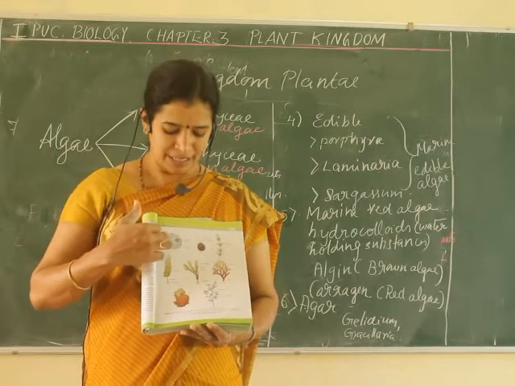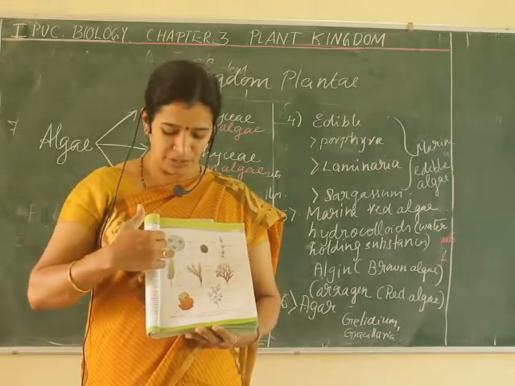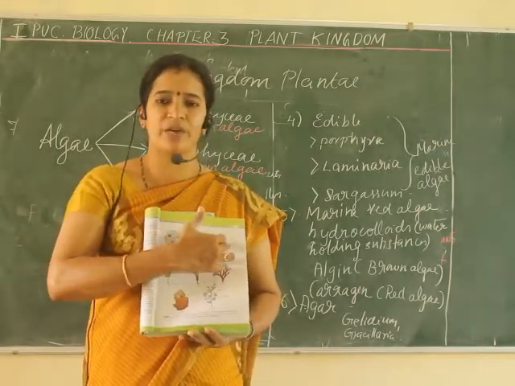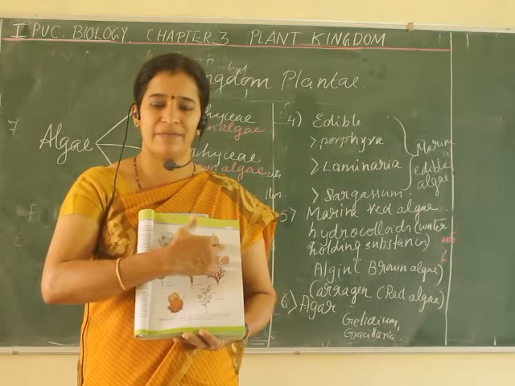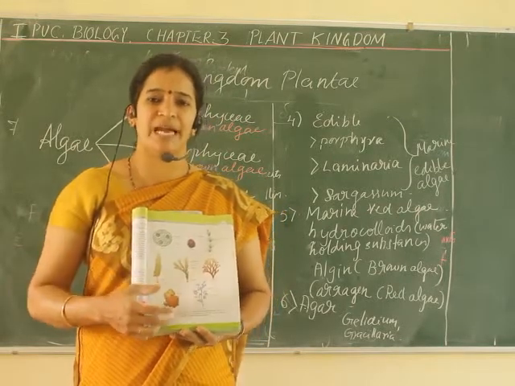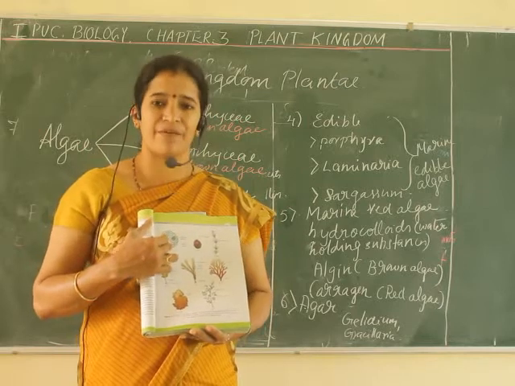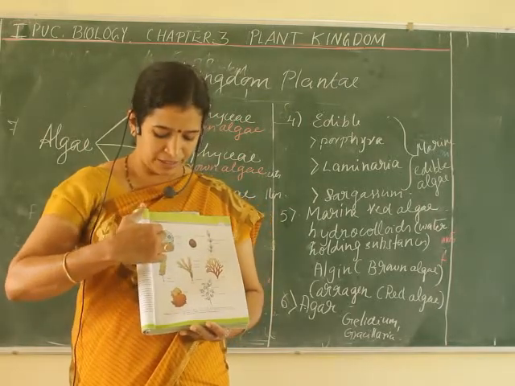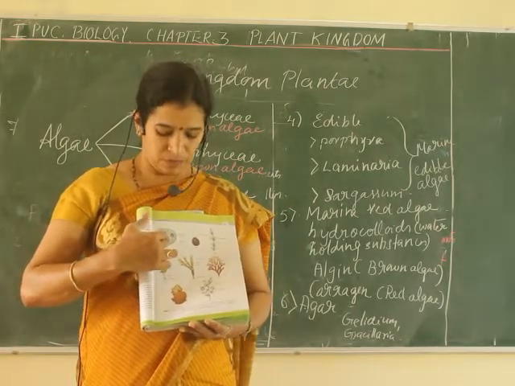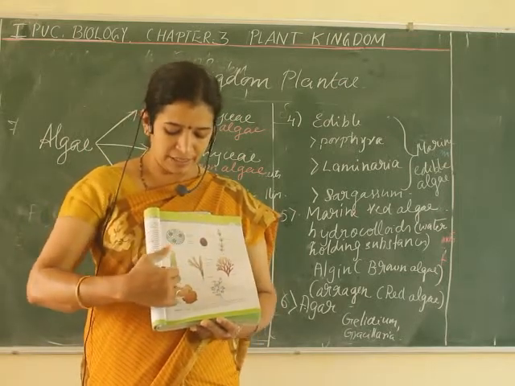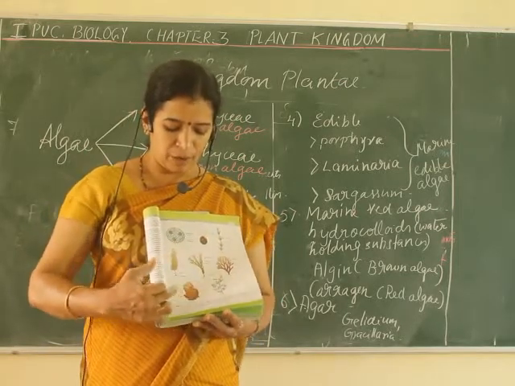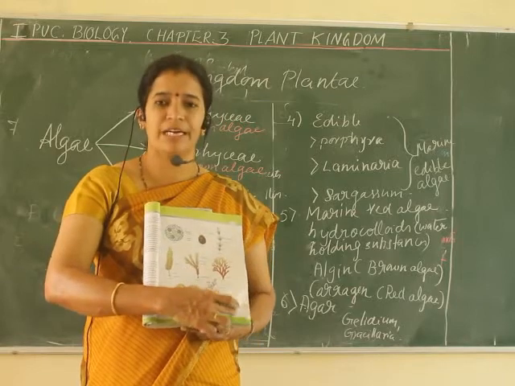Green algae is drawn in green color itself, so likewise you also use that color, so it will be easy to remember. Green algae means below you should write Volvox, Chlamydomonas, Chara. Then this is an example for brown algae. This is an example for red algae.